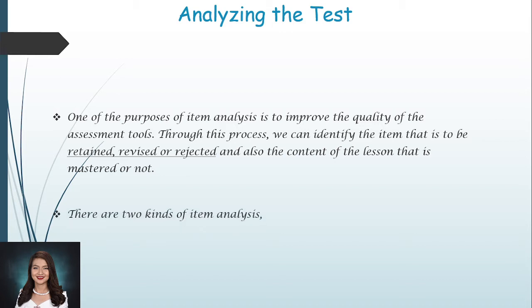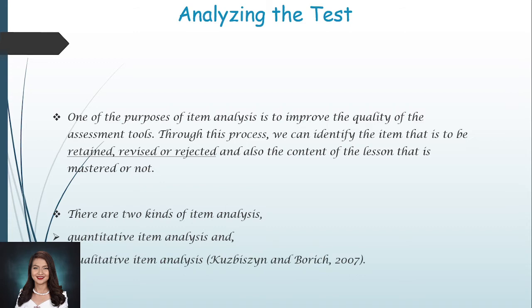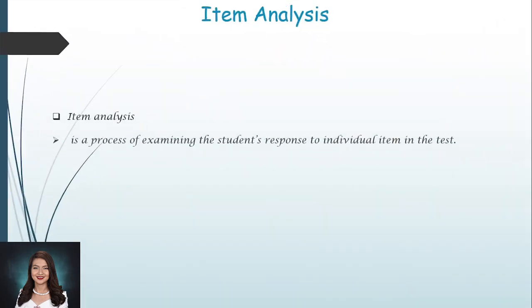We have here two kinds of item analysis: the quantitative item analysis and the qualitative item analysis, by Kubiszyn and Borich, 2007. Item analysis is a process of examining the student responses to individual items in the test.